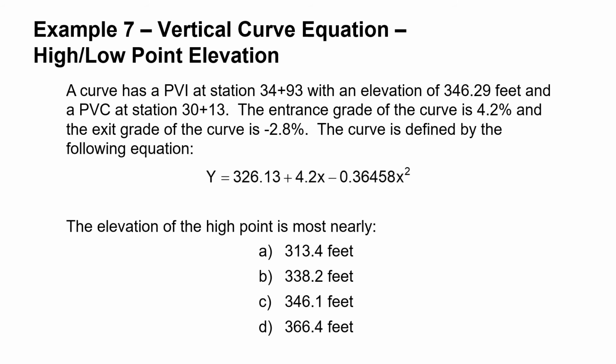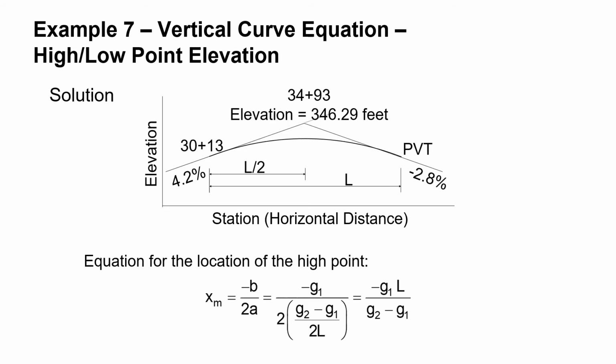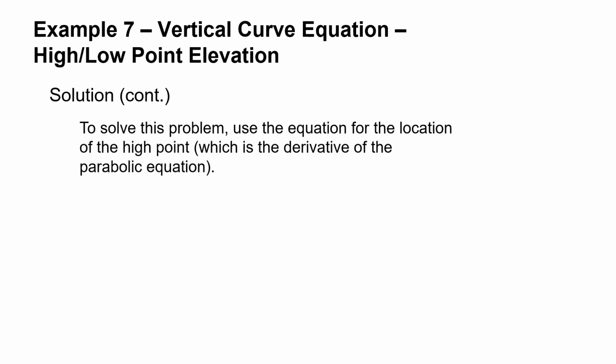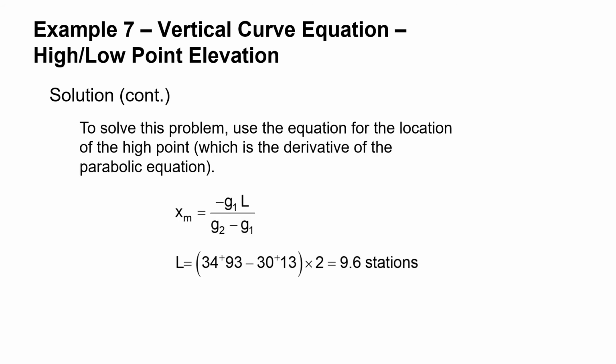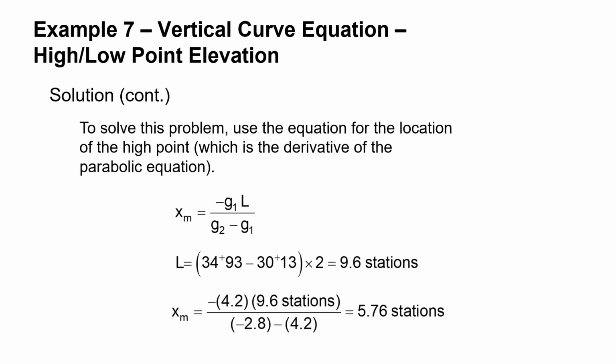Same information, now we're asked to find the elevation of the high point. Again, nice simple drawing. We've already solved for the location of the high point, and that is 5.76 stations. So we would have needed to solve that the same way we looked in the previous example.